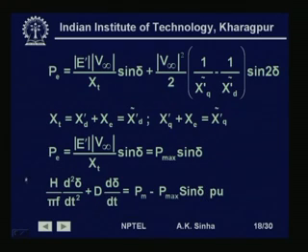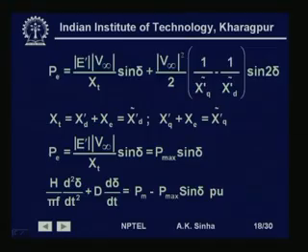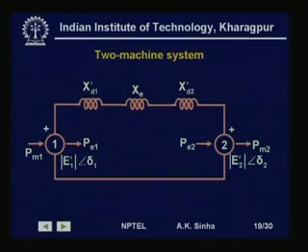This is a second order nonlinear differential equation, nonlinearity cropping up because of this trigonometric function here. So, we need to solve this second order nonlinear differential equation for this simplified single machine infinite bus system when we want to study the stability of the system.